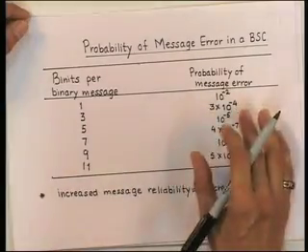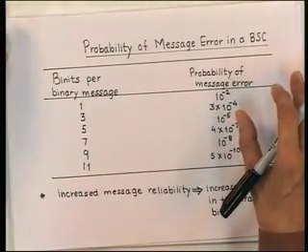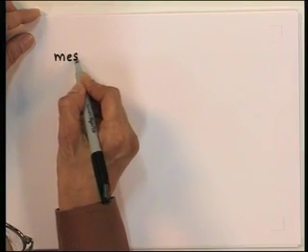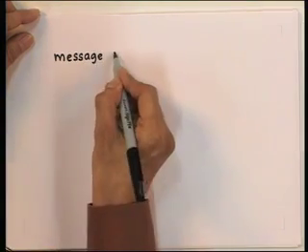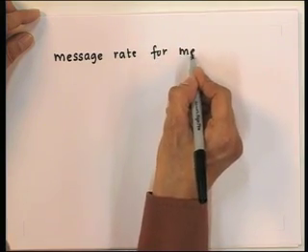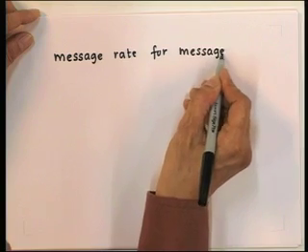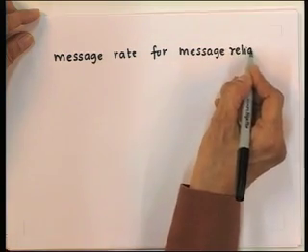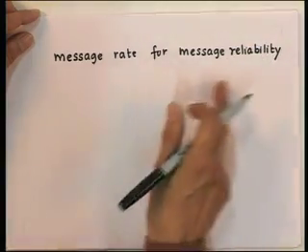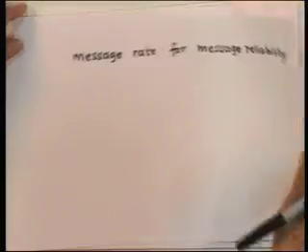In general, the simple repetitive method we have described can lead to an exchange of message rate for message reliability. Typically, such an exchange will appear as plotted in the figure shown here.